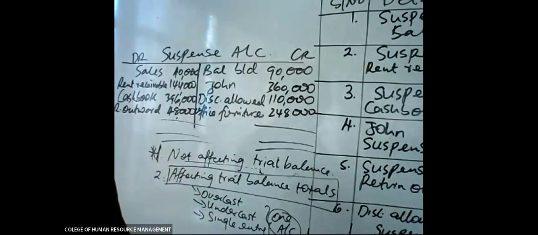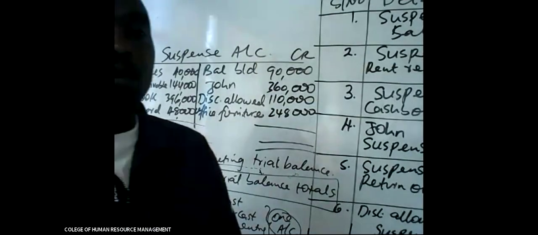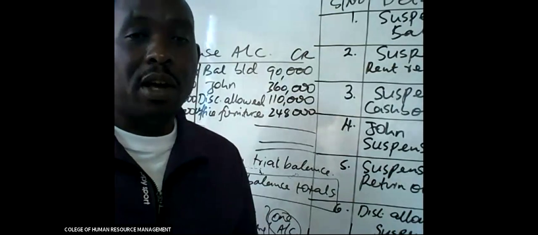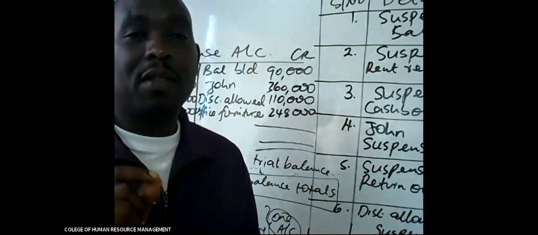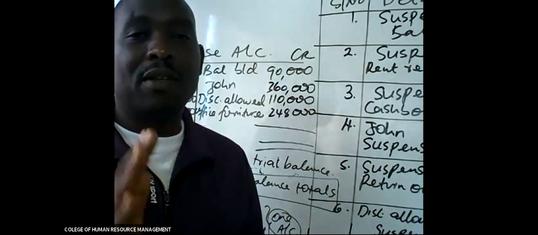Mwalimu, when we close the suspense account, are they to balance? Is it balancing? No. If it is not balancing, that is the problem with the question. The CHRP papers, those who normally set those papers, I think they are not very serious. But in an ideal situation, they are to balance.